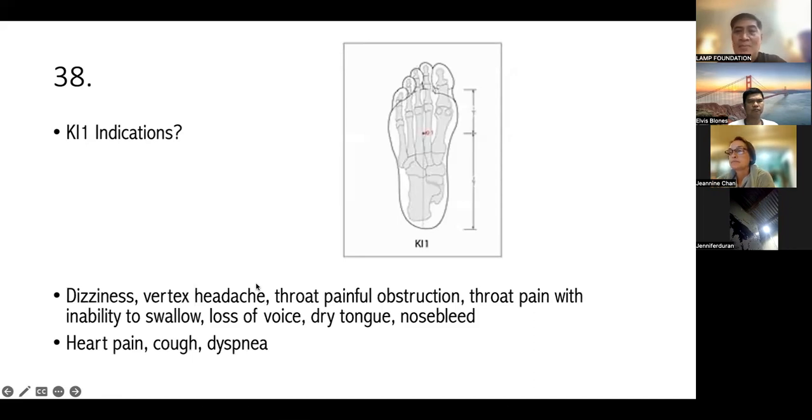So as mentioned by Ma'am Ami, these are the indications. So kidney is the water element. So it's basically very effective. Actually, I'm sure you've heard of people who could, you know, pwedeng lumakad sa fire. Okay, as long as you know how to properly do it.